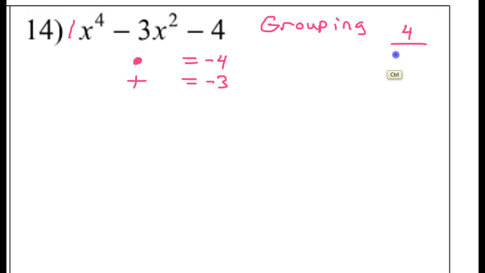But what times what makes 4? Go in order. This will either be 1 times 4 or 2 times 2. So it's a very short list. Now, which pair of numbers will give me a sum of -3? Well, that's going to be the 1 and the 4.